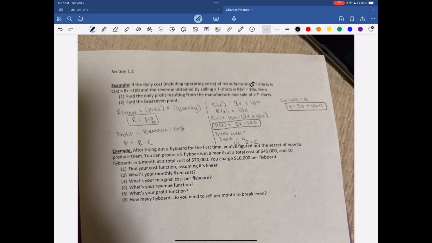Oh, it gives you the whole thing. C of x equals 8x plus 100. Once again, a linear function. And the revenue obtained by selling x t-shirts is R of x. Then find the daily profit resulting from manufacturing and sale of x t-shirts.